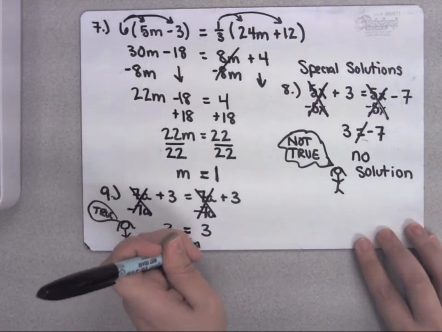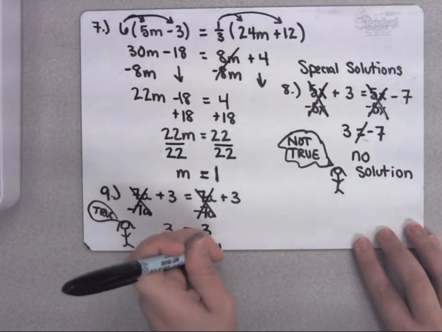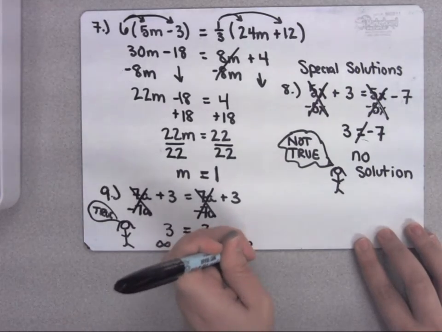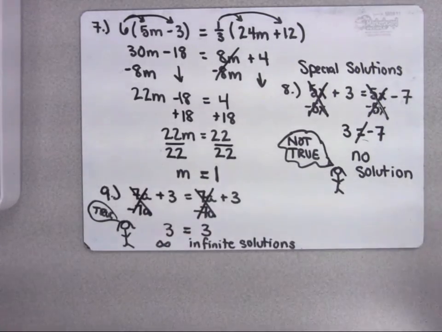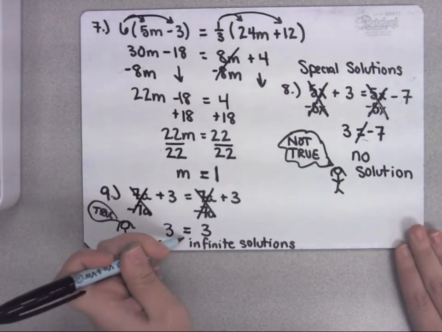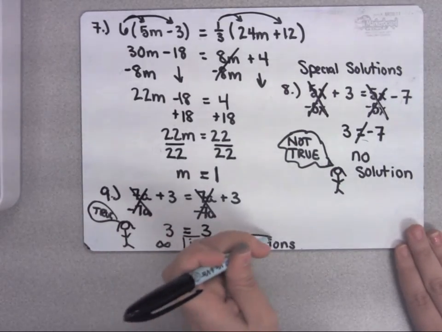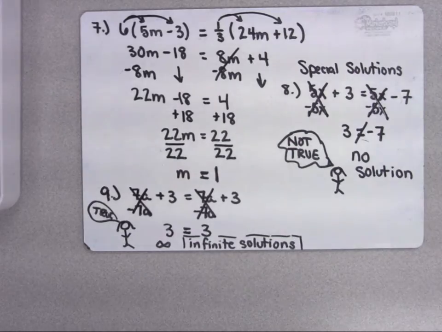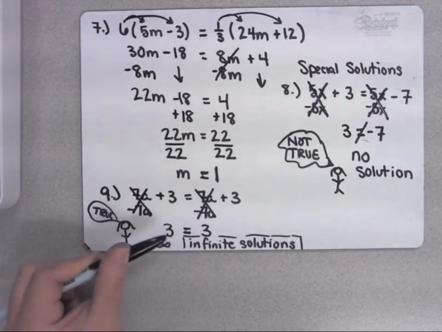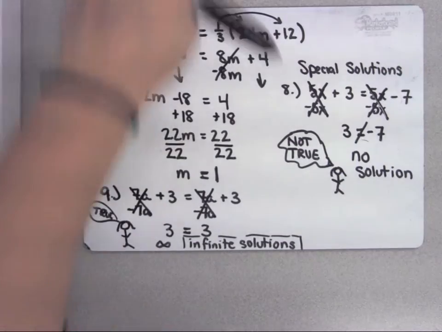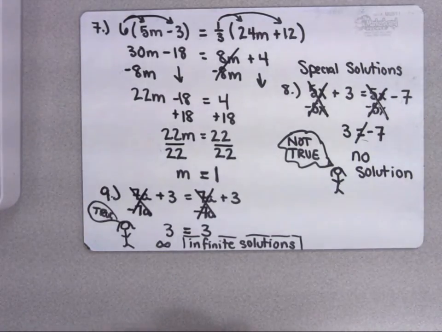Infinite! It's called infinite solutions. So the correct word answer is this guy, infinite solution. It's called infinite because as long as a number equals itself, it's true. So can't any number equal itself?